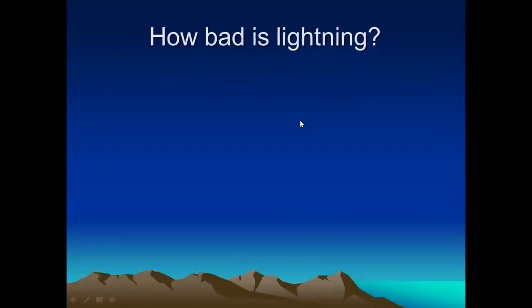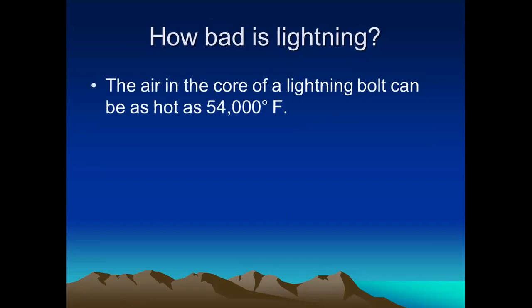Okay, how bad is lightning? The air in the core of a lightning bolt can be as hot as 54,000 degrees Fahrenheit. So that is why it causes huge damage when it falls on any body.